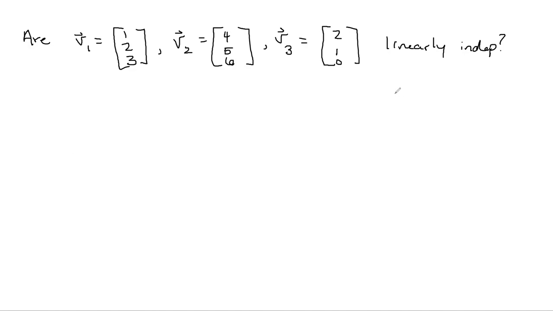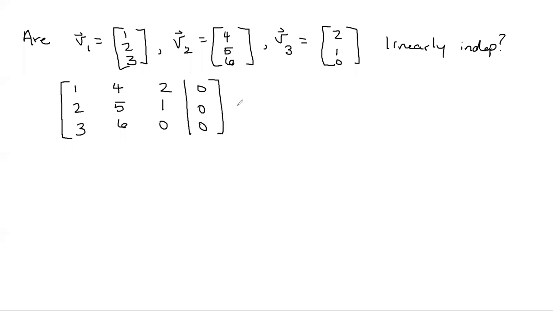Well, the only thing we know how to do so far is put vectors into an augmented matrix and row reduce, and that's exactly what we want to do here. So we want to know, in this homogeneous system, what kind of solution set do we have? Let's stick our vectors into our matrix and augment it with the zero column, because we're looking at homogeneous systems right now, and row reduce.